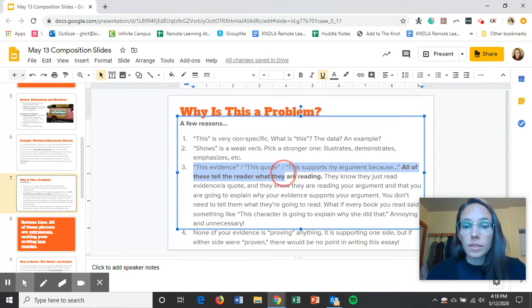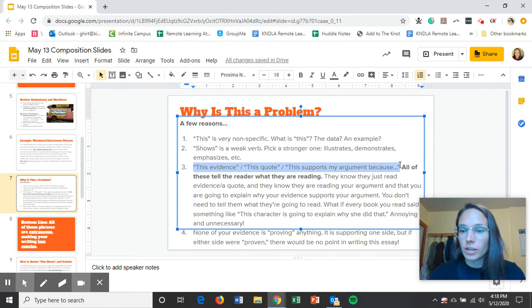"This evidence" and "this quote" and "this supports my argument." So this is one of those things that really annoys me and annoys all writing teachers. You don't need to tell me what I'm reading, right? I know that I just read your evidence. I know that I'm reading your argument. So it's obnoxious to tell me that's what it is.